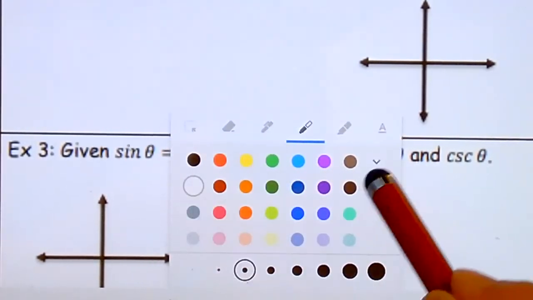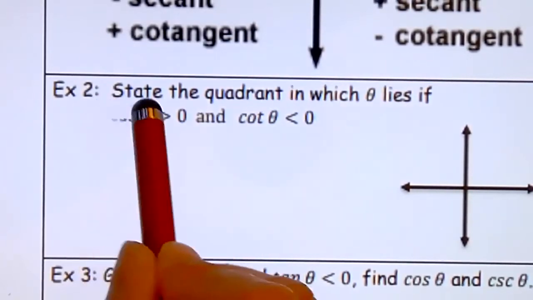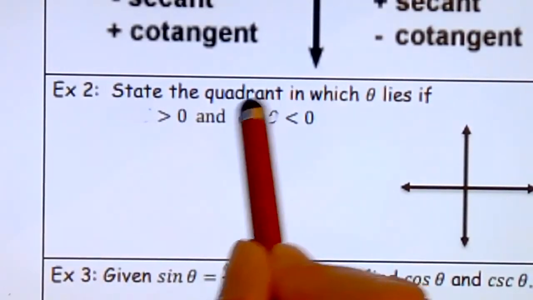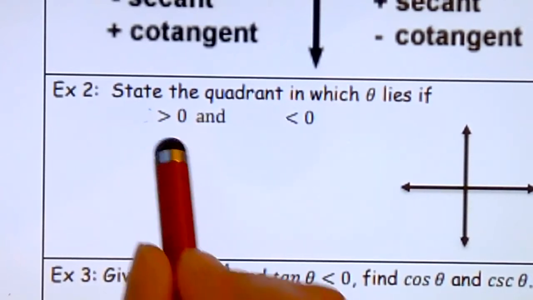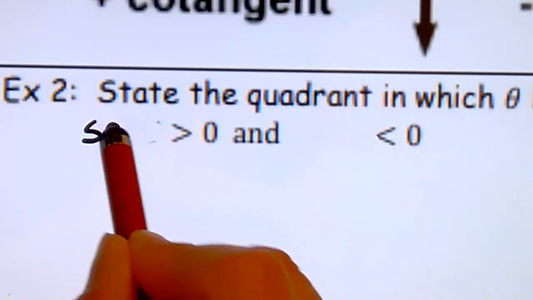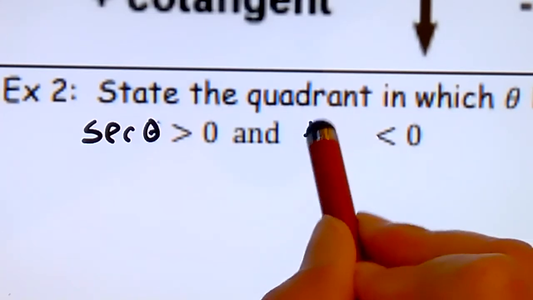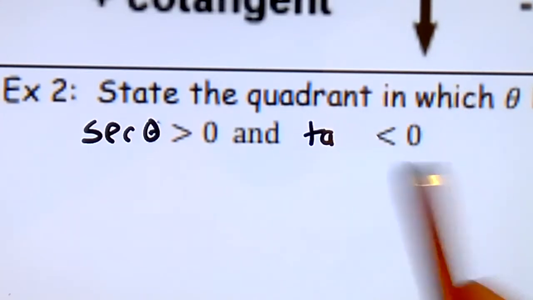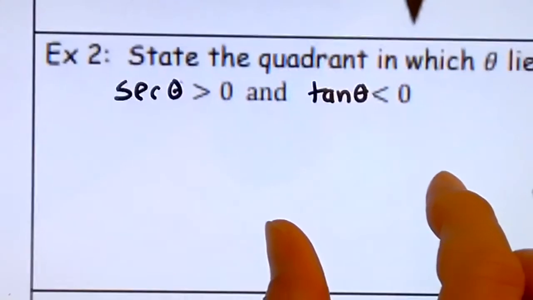I'm going to use it almost as whiteout. So I'm going to change this, and I'm going to get my black now. Why don't we change this to secant theta, and this one will be tangent theta.